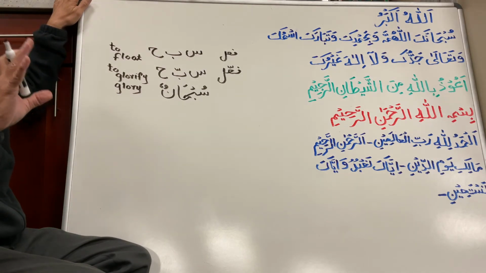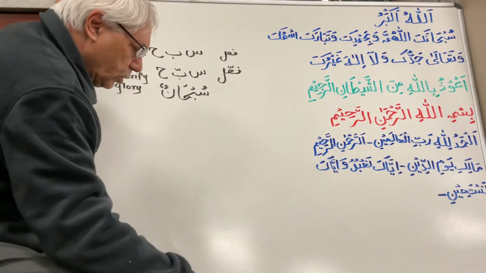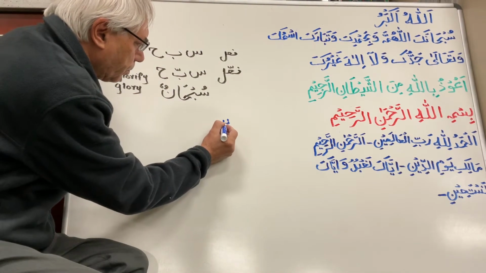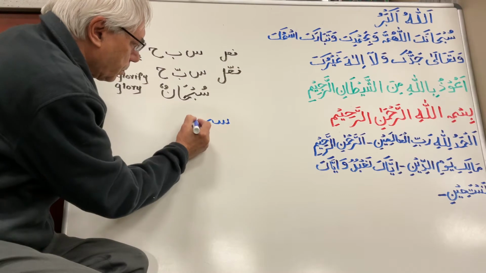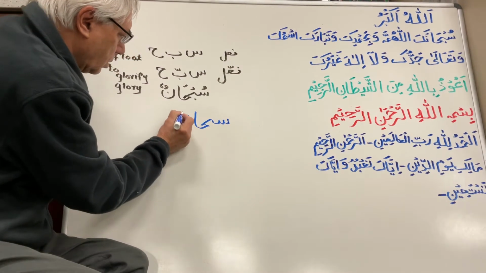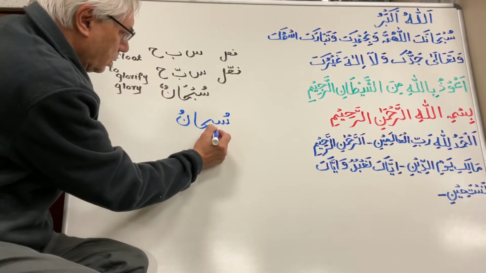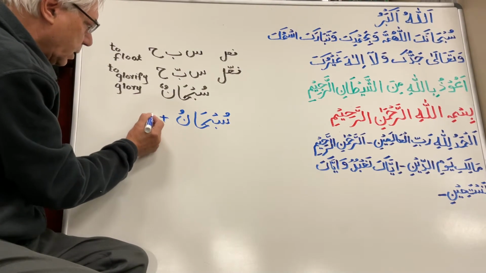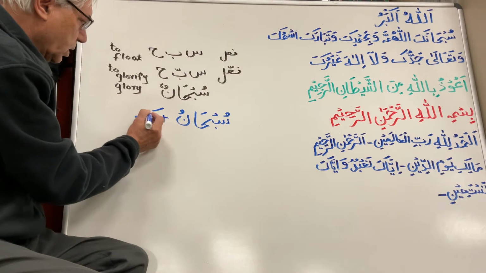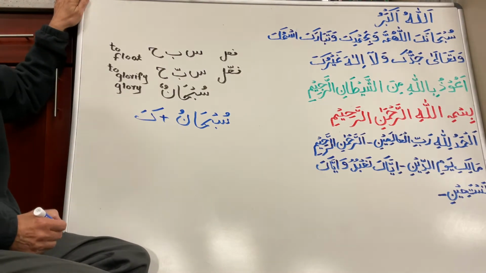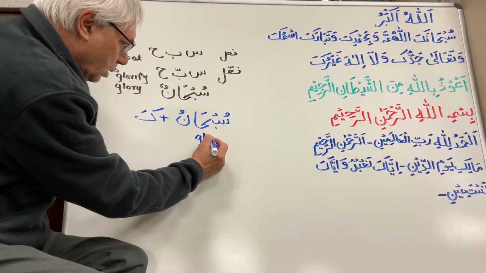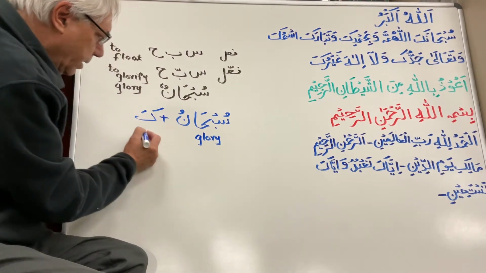Now I'm going to take this word subhanun and combine it with the letter kaf with a zabar. So glory, and you.